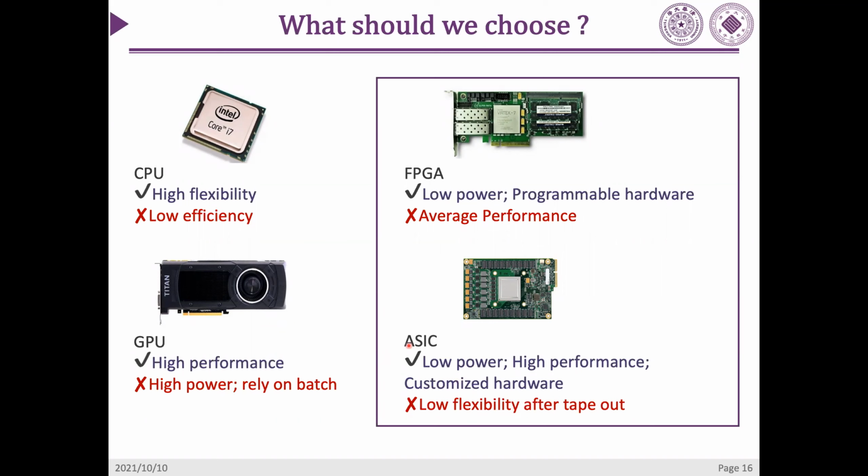And for ASIC, application-specific integrated circuits, it will have lower power and higher performance, maybe the highest performance if it is customized. And this customized hardware, maybe the programmability and the flexibility is not that good. So the flexibility after tape out may be low. So these are the current 4 different choices for deep learning training or inference.